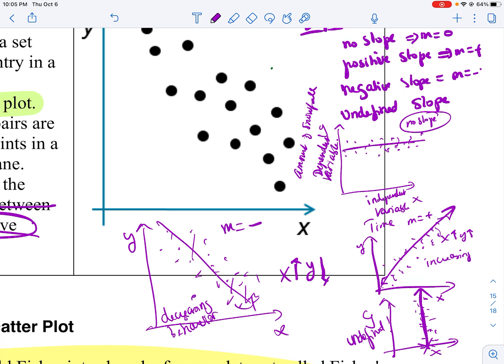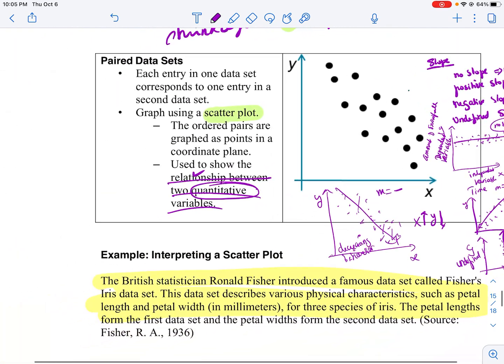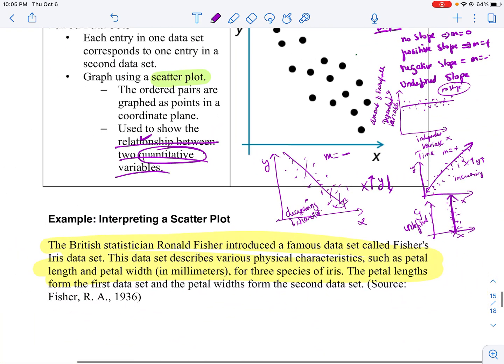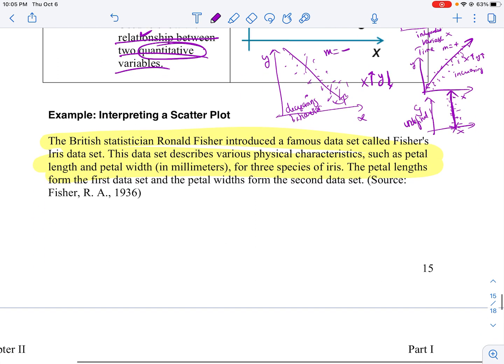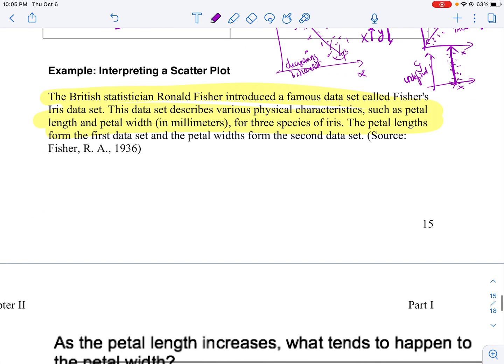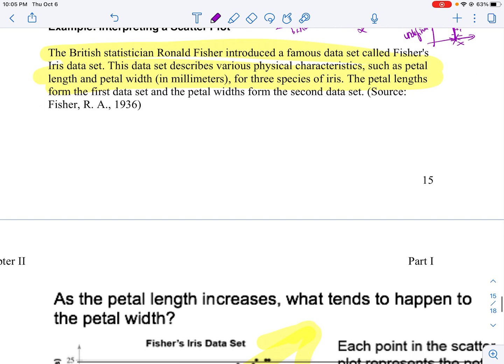Okay, so I wanted to quickly review that. You should have seen this sometime in algebra 2, somewhere in high school. Now, let's interpret a scatter plot. This is a very famous data set called Fisher's Iris data set. This data set describes various physical characteristics such as petal length and petal width for 3 species of iris.